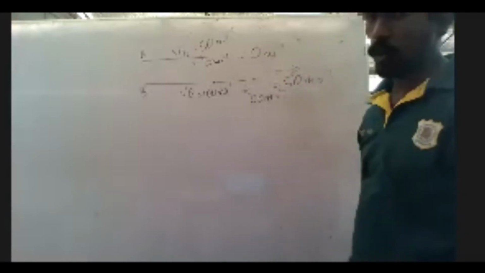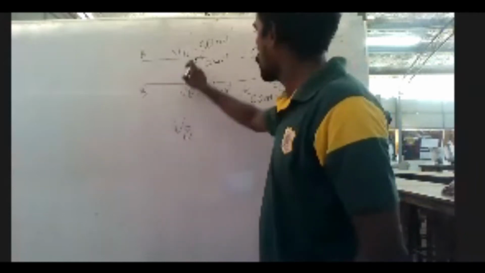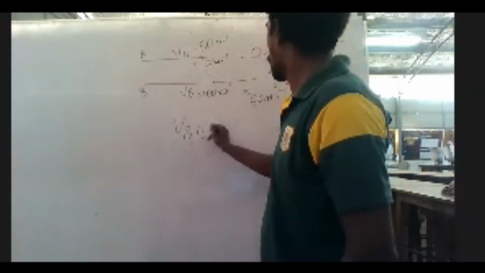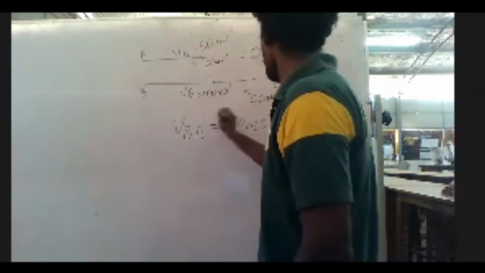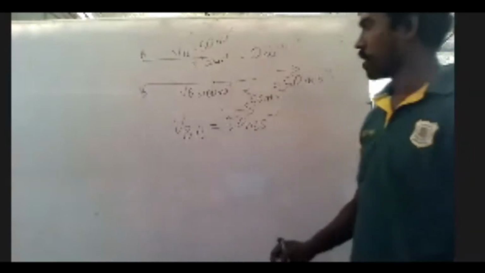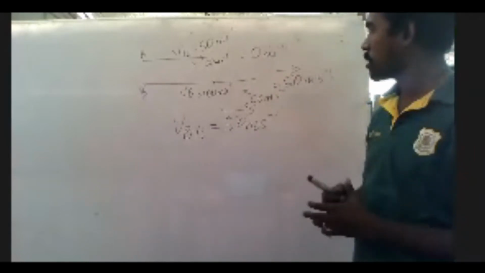Now I can say the velocity of B relative to A is equal to 50 meter per second.